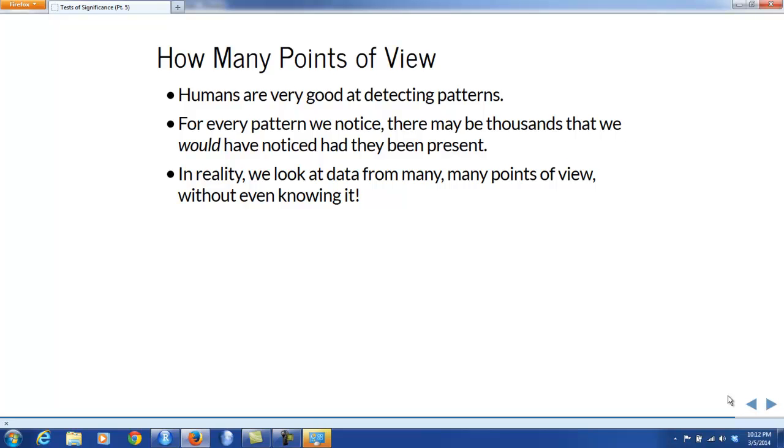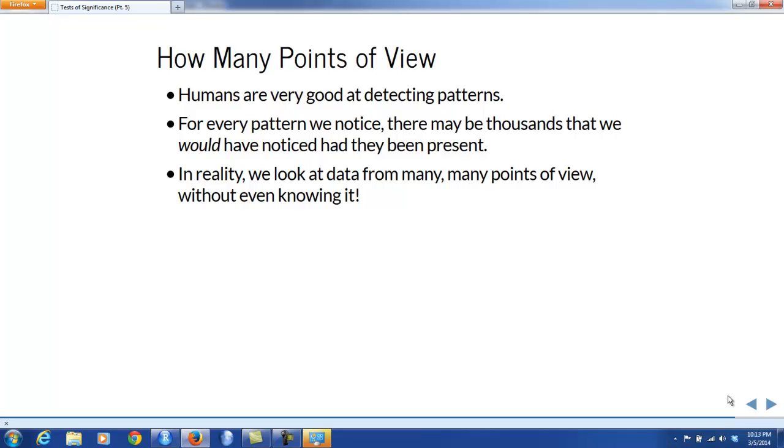We're not even aware of all those patterns that aren't there. They don't come to our attention. But what's really going on when we examine a thing is that our minds are checking for all different types of patterns, and we're only being alerted to those patterns that are there.